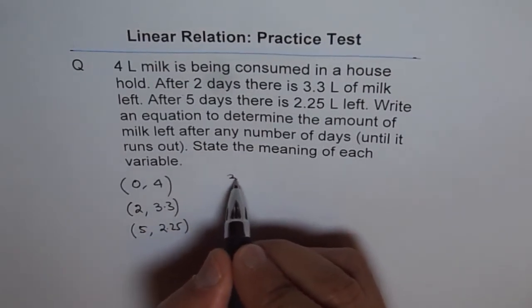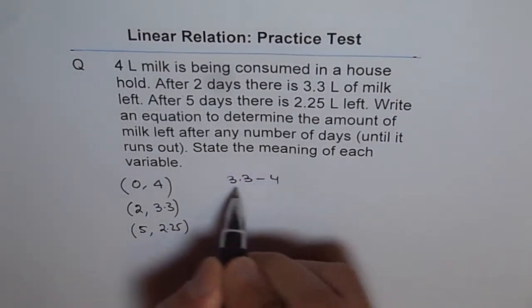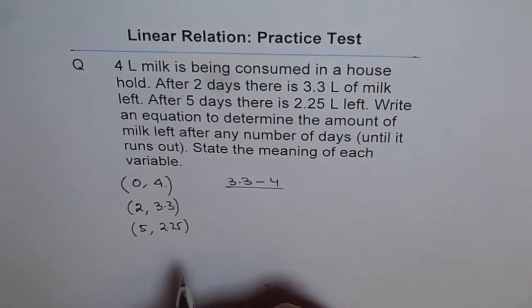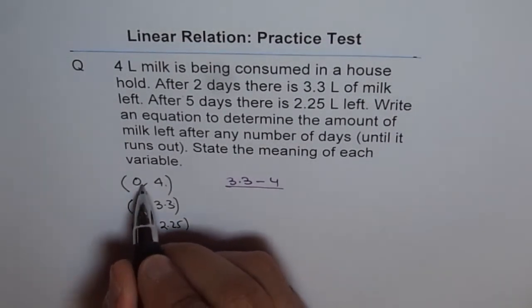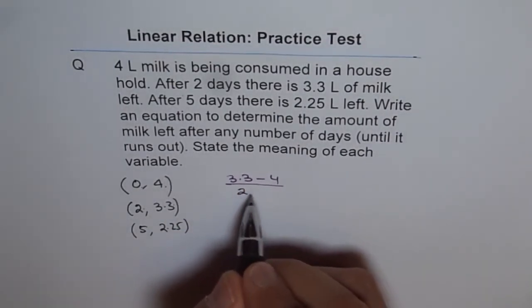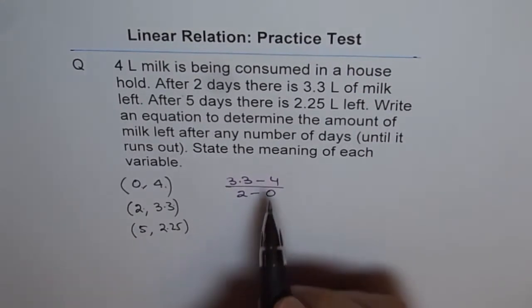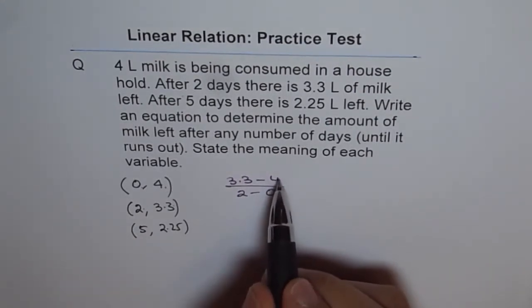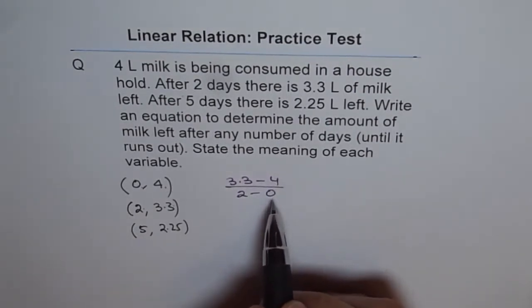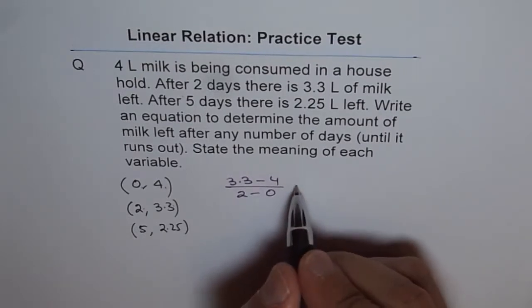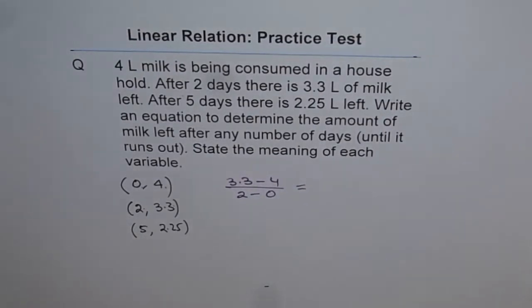That means the difference of these two divided by the difference of the time, which is 2 minus 0. So here we have milk left and here it is the time, right? Once we do this, we can calculate the result.